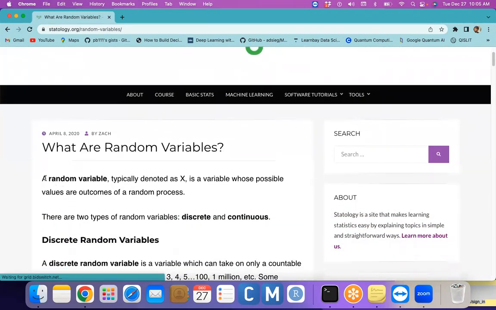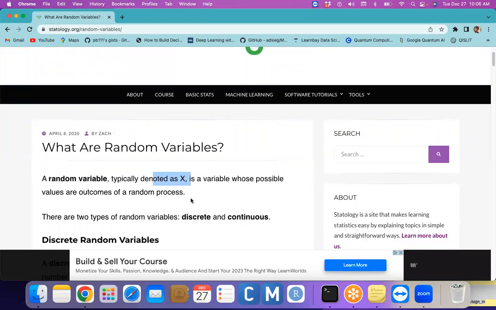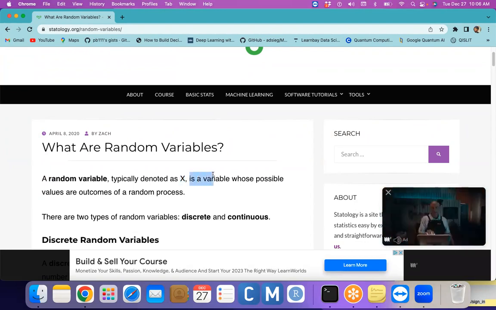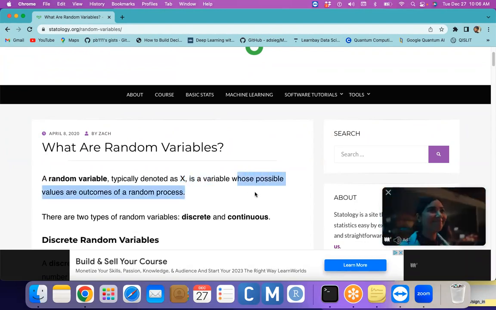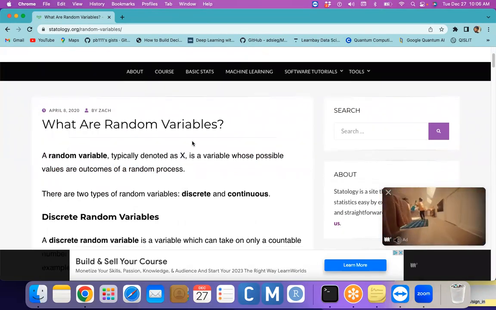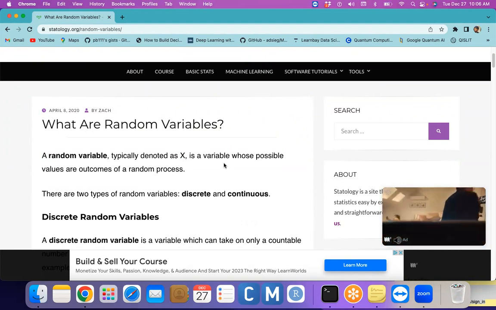So let's talk about what exactly a random variable is. Typically we denote a random variable with a capital letter. Let us consider a capital X. It is a variable whose possible values are outcomes of a random process. It will hold the results of the data.